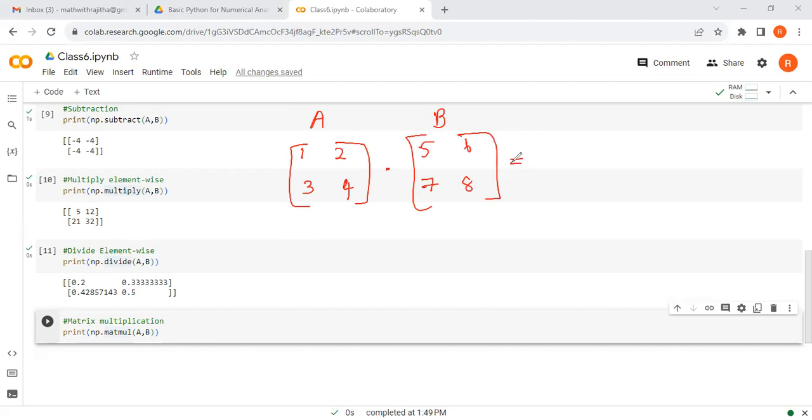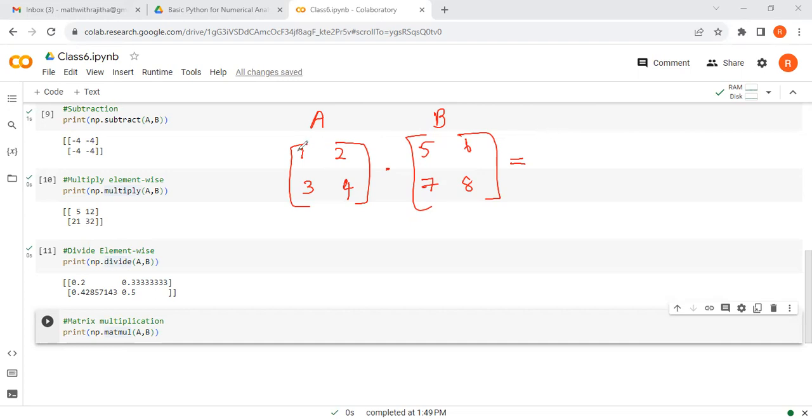So how do we multiply two matrices with matrix multiplication? We multiply the first row of the first matrix by the first column of the second matrix to get the first entry.